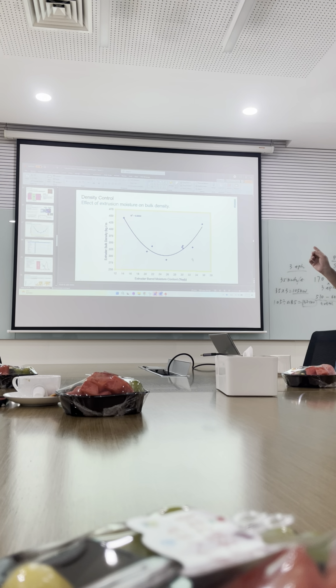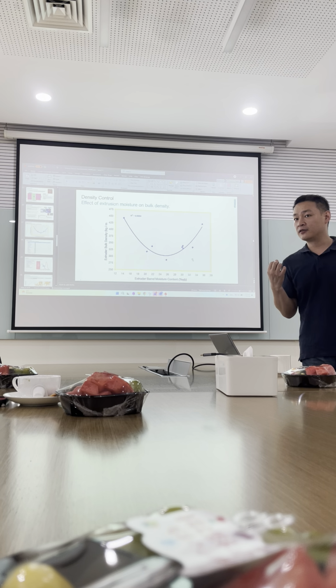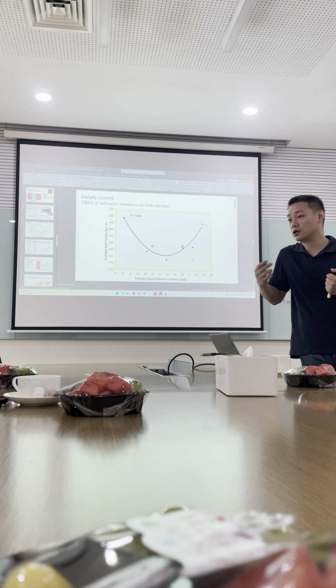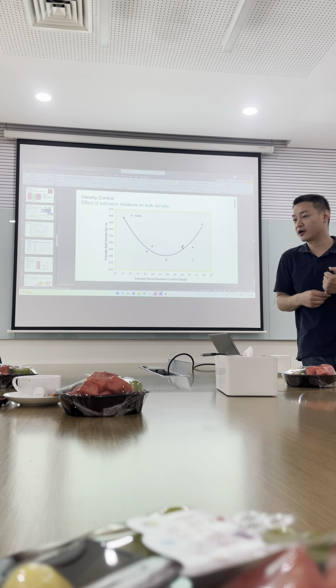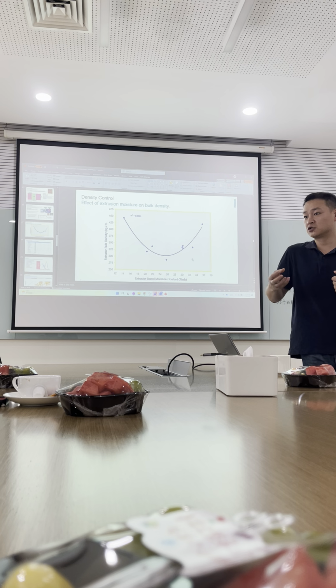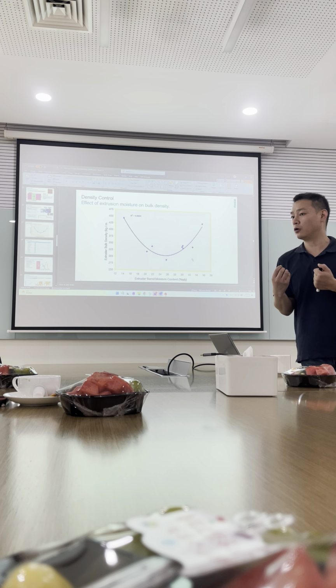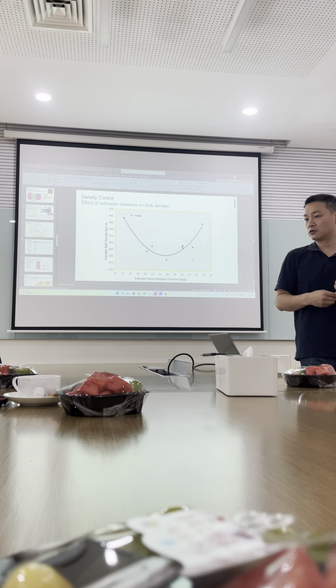But after a point, when you have too much water added, we know the water is somehow like a lubricant. With too high water addition, you can't input this high specific mechanical energy, because the water is somehow like oil. Oil is a lubricant, right?